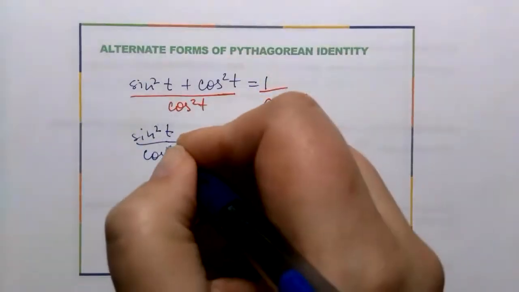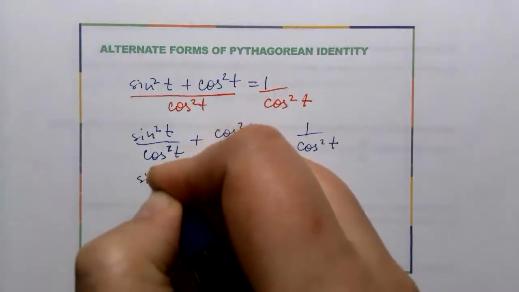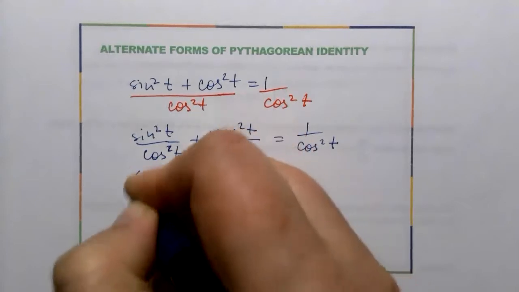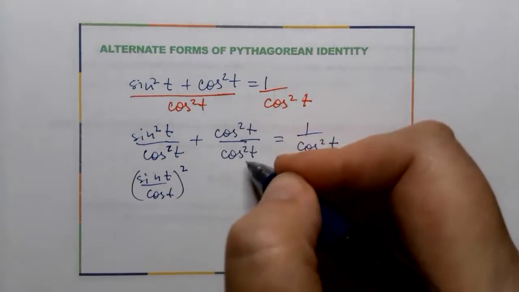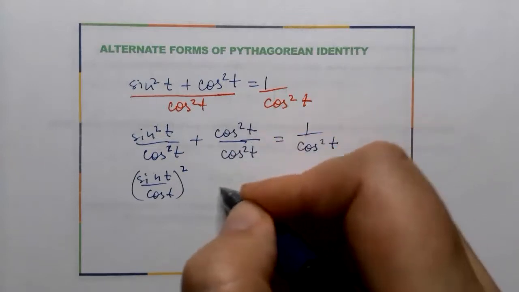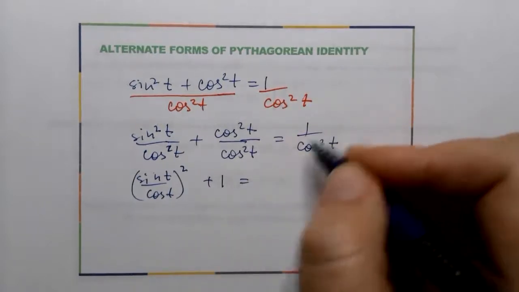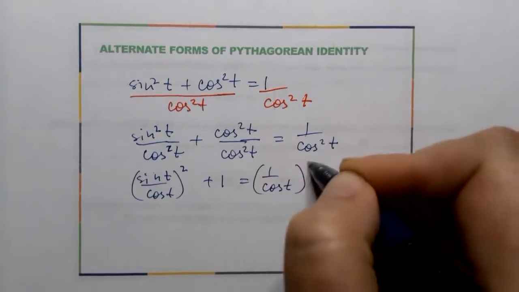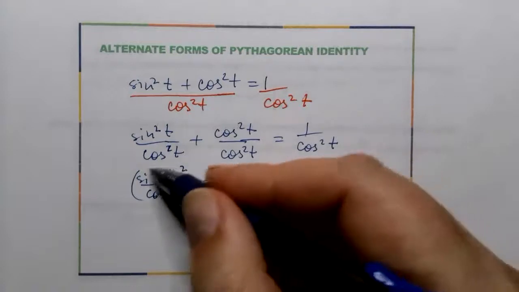Okay, so what's sine squared t divided by cosine squared t? Well, this is sine t over cosine t, squared. And cosine squared t divided by cosine squared t just becomes a 1. And 1 over cosine squared t is just 1 over cosine t, squared. All right, so do you recognize this?